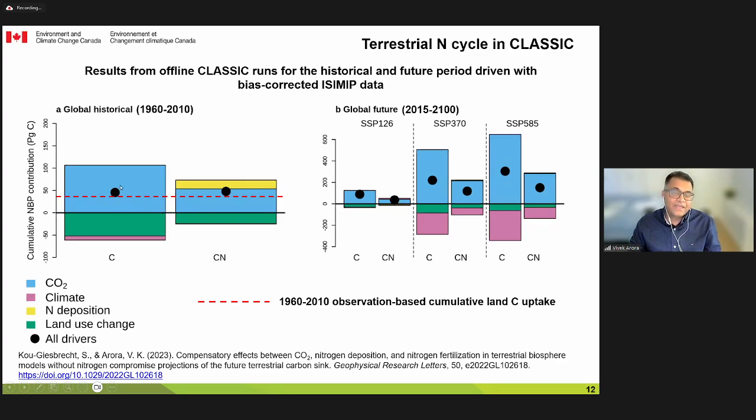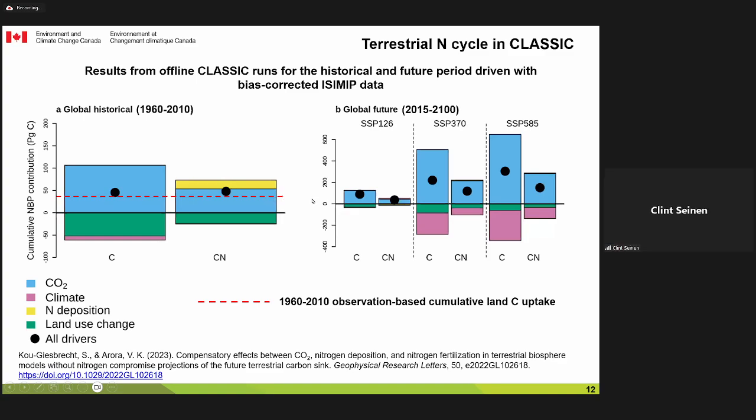But to get that, you have to have a higher CO2 effect over the historical period, because part of the carbon uptake also comes from nitrogen deposition, the yellow bit here. If you don't have the yellow bit, you have to increase the strength of your CO2 fertilization effect over the historical period to get the right black dot.